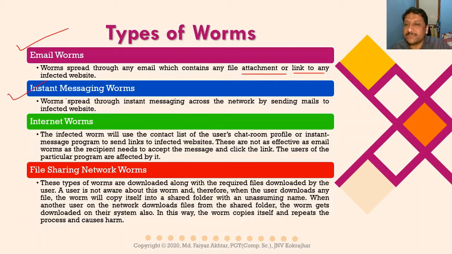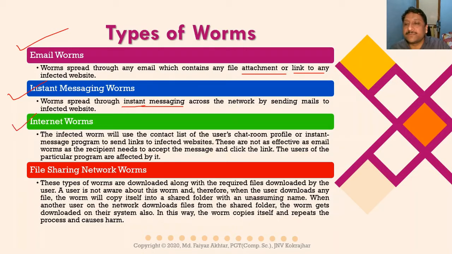Instant messaging worm. Worms spread through instant messaging across the network by sending mails and infected websites. Instant messaging, say for example Facebook Messenger, WhatsApp, MSN Messenger, from those you will get this type of worms. So be careful about opening any attachment or any link from instant messaging.